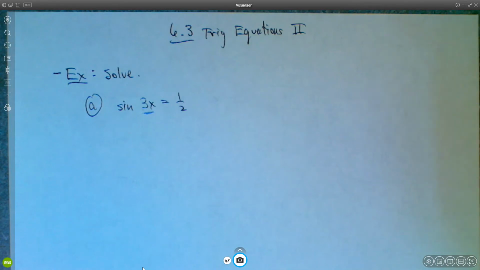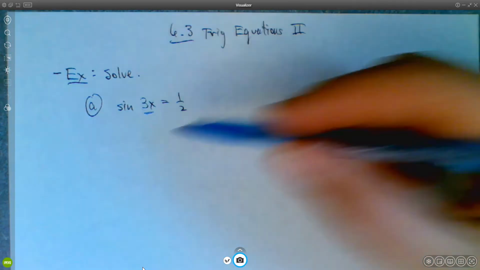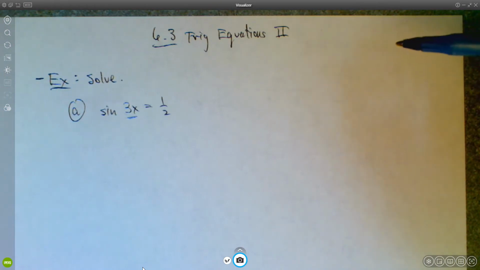We're looking at stuff like sine of 3x equals 1/2 instead of just sine x equals 1/2. And so the book ends up introducing a whole new set of ways to solve these things. Whereas if you follow along with what I did in 6.2 and just apply those same techniques to equations like this, you're going to be just fine.